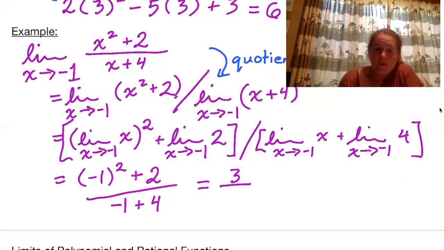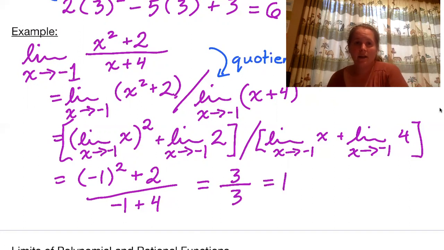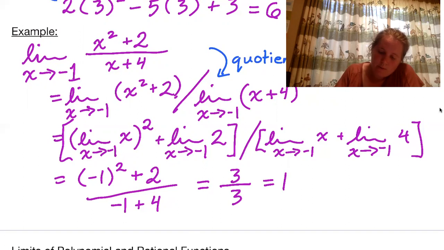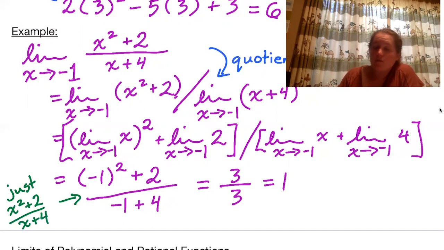And -1 plus 4 is also 3. And we wind up getting 1. So again, what we wound up with here is just x squared plus 2 over x plus 4, what we started with, evaluated at x equals -1.